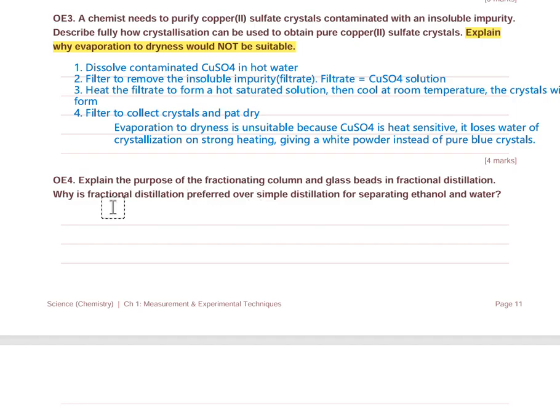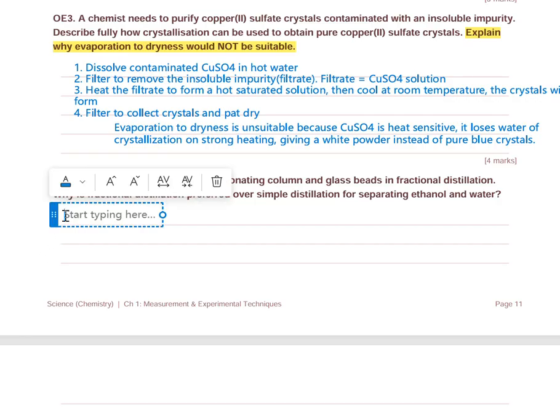Okay, next question. Explain the purpose of the fractionating column and glass beads in fractional distillation. Why is fractional distillation preferred over simple distillation for separating ethanol and water? Okay, let's write.